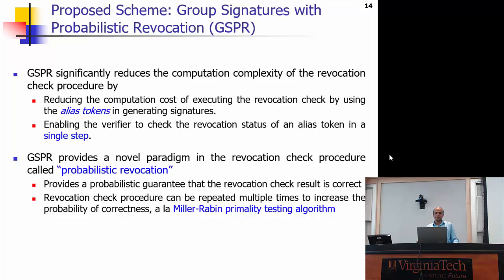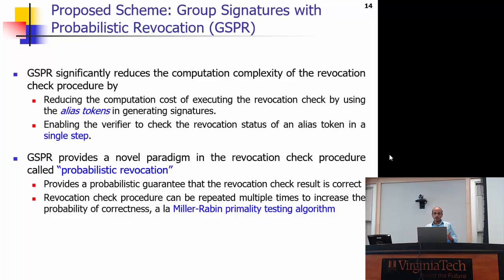We will see what the actual values for the alias token are. The first step was to reveal a particular token in each signature so that the verifier does not have to go through computing that computationally expensive function. The second thing that we did was, rather than checking the revocation list sequentially one by one, you check the whole thing in a single step.